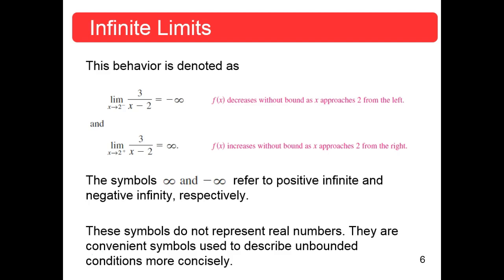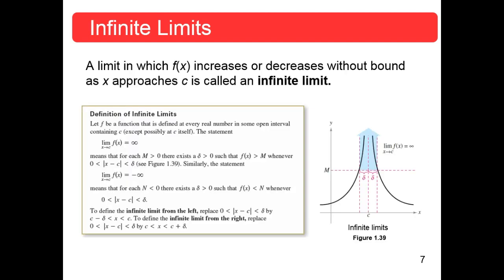These symbols do not represent real numbers. They aren't limits, okay? There are no numbers there. They just increase or decrease without bound. They're convenient symbols used to describe unbounded conditions more concisely. So they're not really describing a number. They're just saying they increase or decrease without bound, which then, why call them a limit?